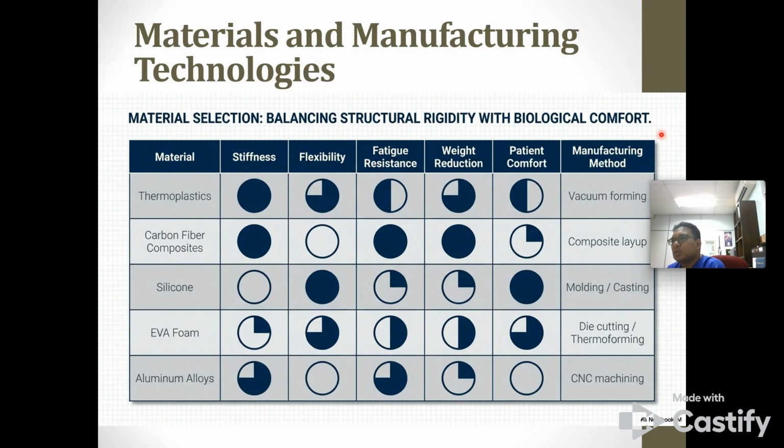Like I said before, in the old days we started with wood, but in recent years we have various materials that can be used to design your device to match your application. For example, five materials: thermoplastic, carbon fiber composite, silicone, EVA foam, and aluminum alloys.